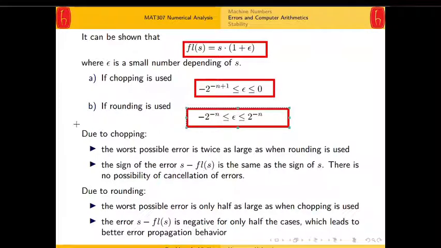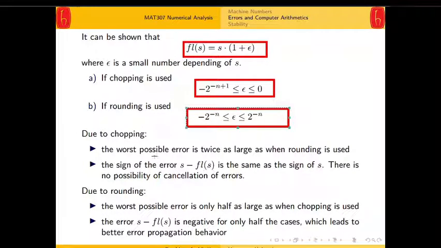Okay, so due to chopping, the worst possible error might be this quantity. This number is twice as large as when we round the number. So this error is 2 times that error.